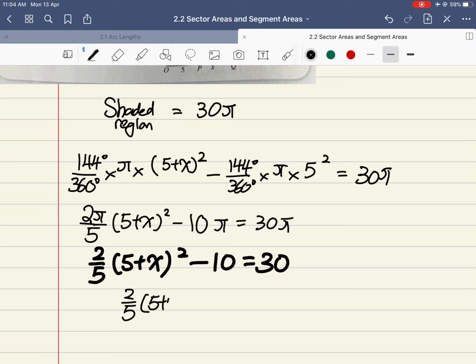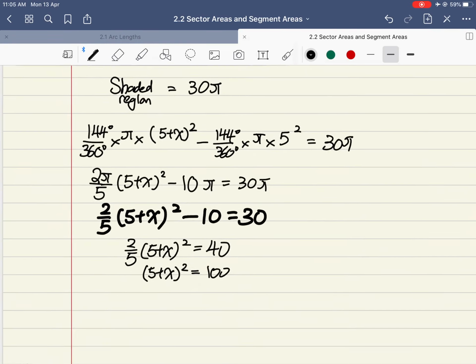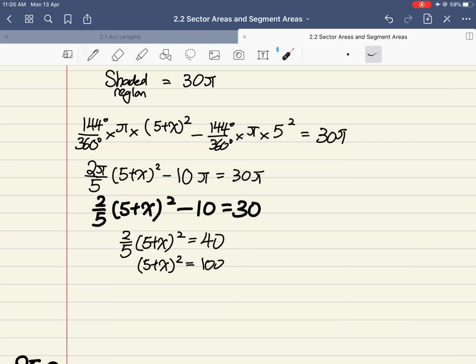So I start to solve. I will say that 2/5 times 5 plus x squared is equals to 40. Now what I do here is multiply by 5, divide by 2. So I will say that 5 plus x squared is equals to 100. Then in order for me to solve this, I need to square root both sides of my equation.